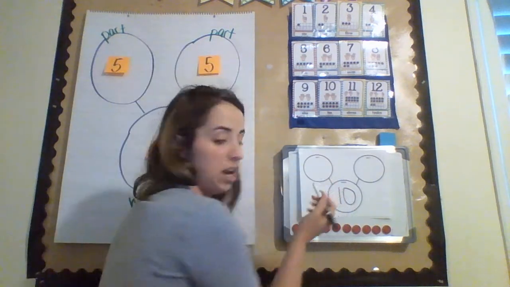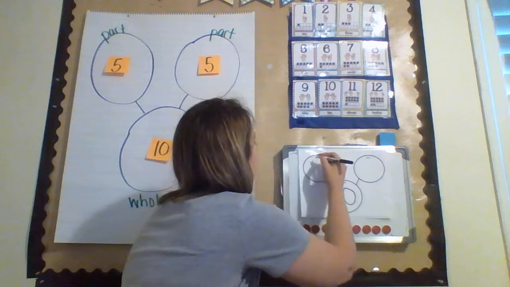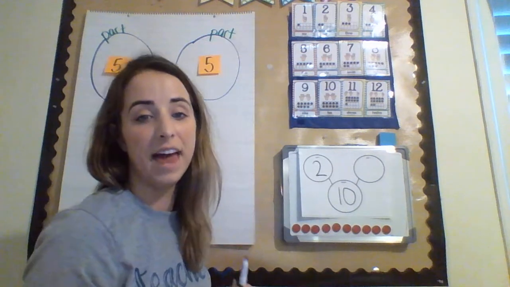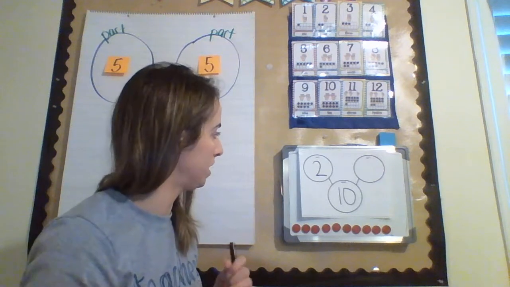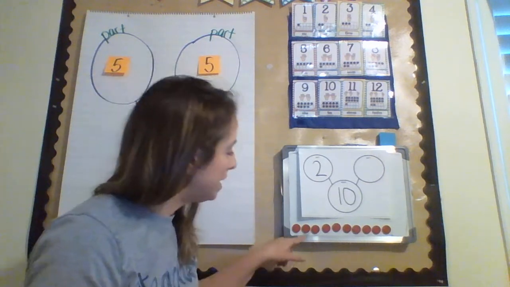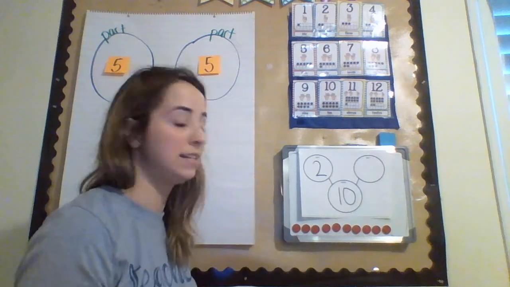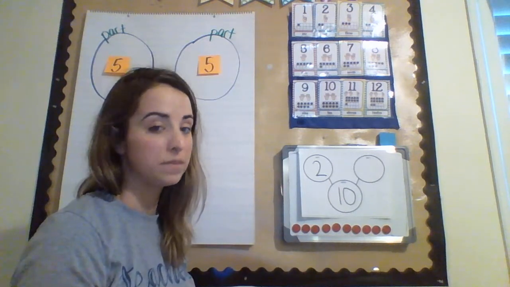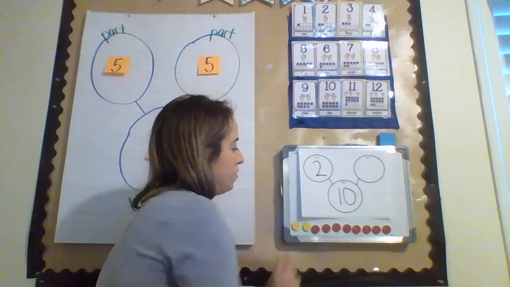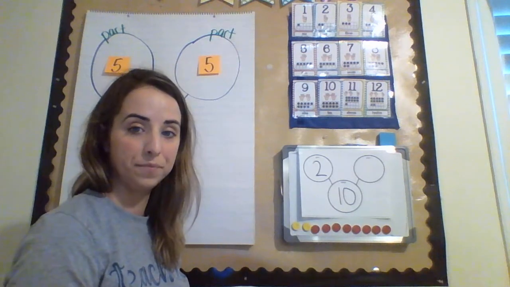So here is our first part. That is our first part, my wonky 2, okay? So how many counters do I know I need to flip over? I know I need to flip over 2, so flip over 2 of your counters, okay?